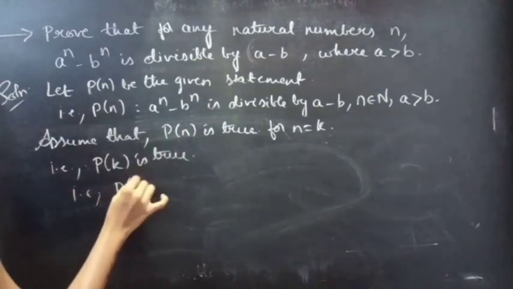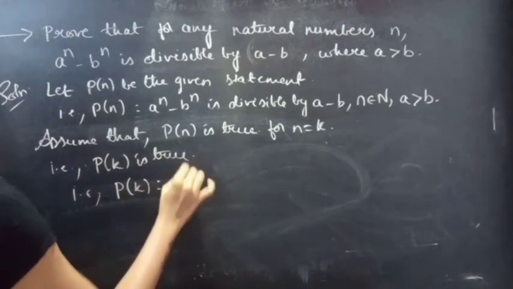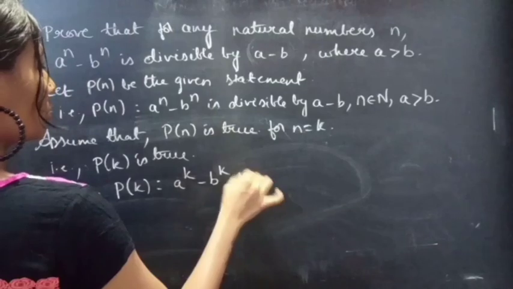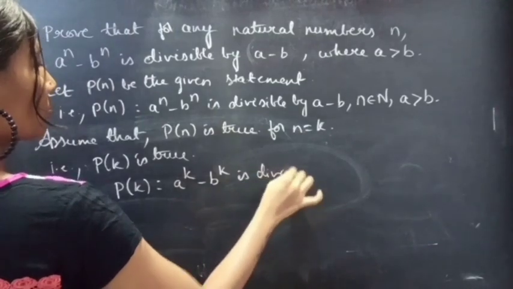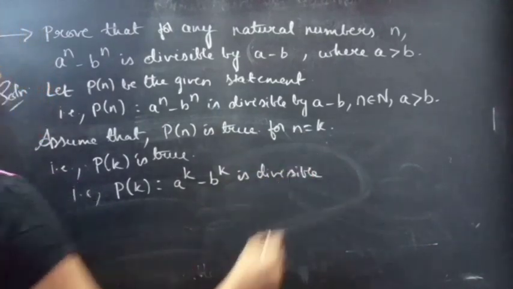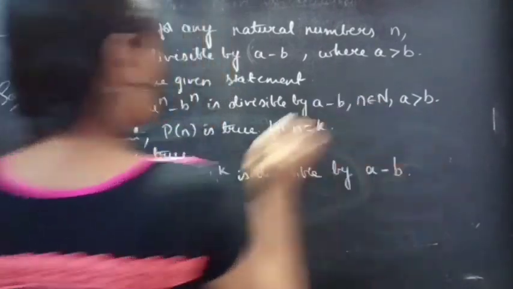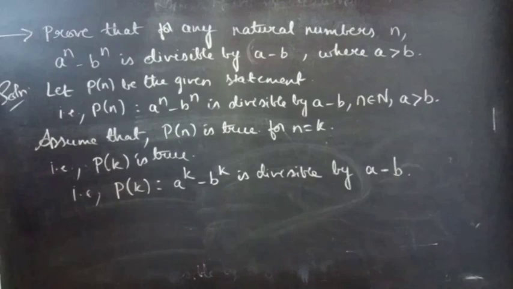That is, P(k) will be aᵏ − bᵏ is divisible by a − b.